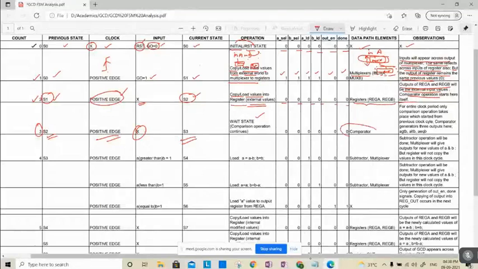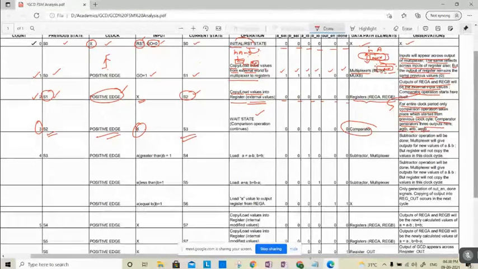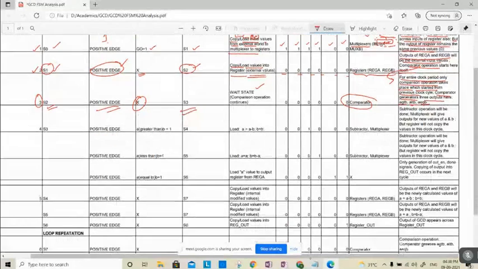The comparator operation which started in the previous clock cycle continues for the entire clock period. The comparator generates 3 outputs: a greater than b, a less than b, a equal to b. After the positive edge, the next states depend upon these 3 outputs generated in the data path.